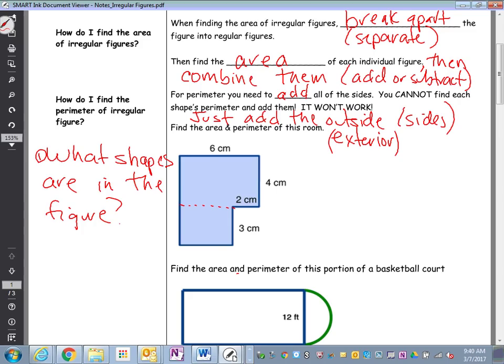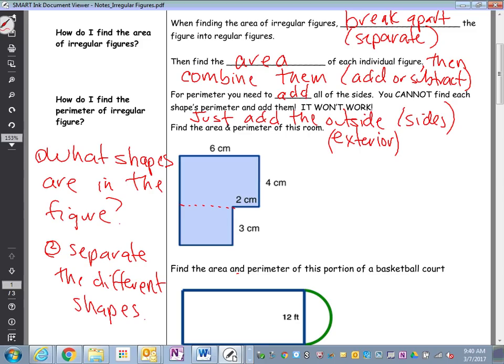So I would separate them. Let's write that too. Separate the different shapes. So we're going to separate the different shapes. Okay?